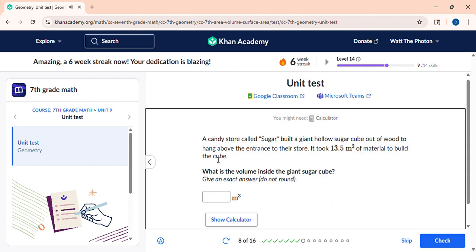A candy store built a giant hollow sugar cube out of wood to hang above the entrance to their store. It took 13.5 cubic meters of material to build that cube. What was the volume?